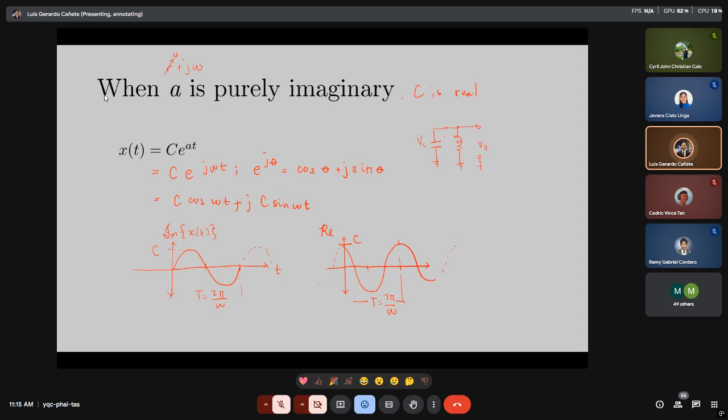Although this is sort of an ideal situation if you're using passive components. Of course, you can create oscillators using active components like transistors or operational amplifiers, because the truth is that most systems have some kind of resistance in them. So your capacitor is going to have some internal resistance.